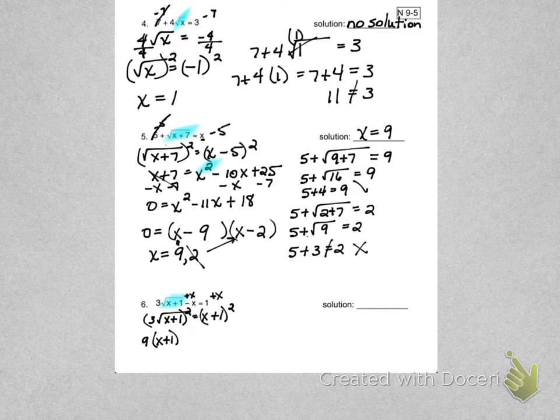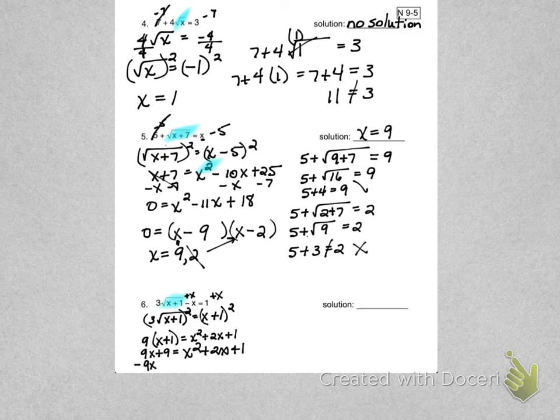So we're just going to square that. And when we square x plus 1, this binomial, that becomes x squared plus 2x plus 1. Now we have 9x plus 9, distributing that 9, equals x squared plus 2x plus 1.